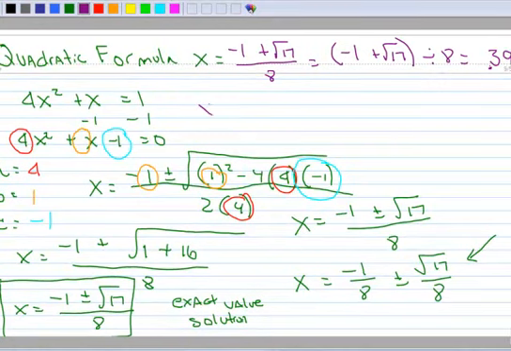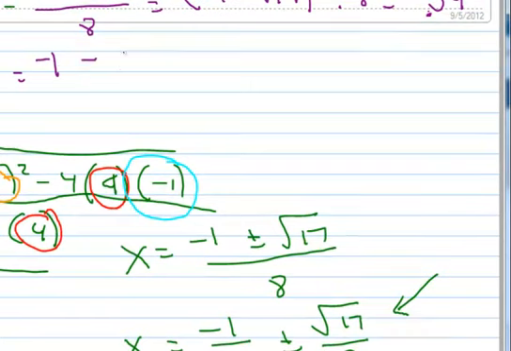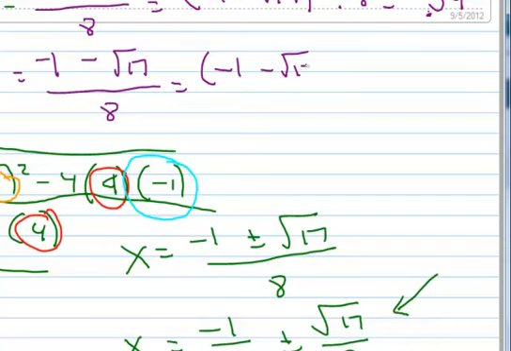And let's do the other one. So x equals -1 minus the square root of 17 all over 8. And of course, when you type that in, you also need parentheses around that whole numerator before you divide by 8. And when I did that, I think I got -0.64.